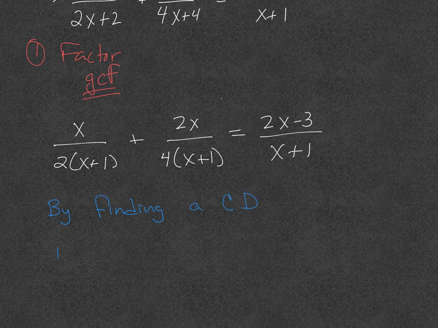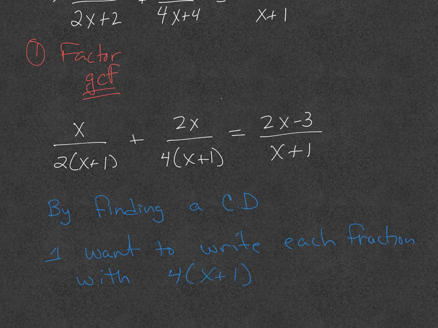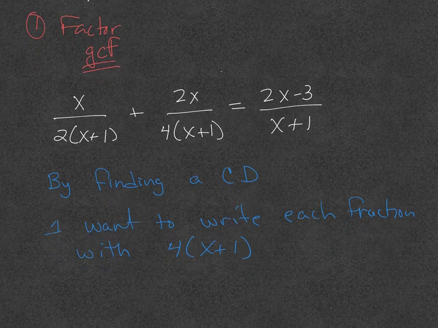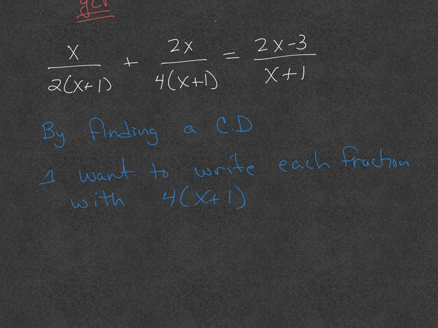So this time I want to write each fraction with the denominator of 4 times x plus 1. Again, this is just a different way of doing this. It also reviews how to find a common denominator, right?